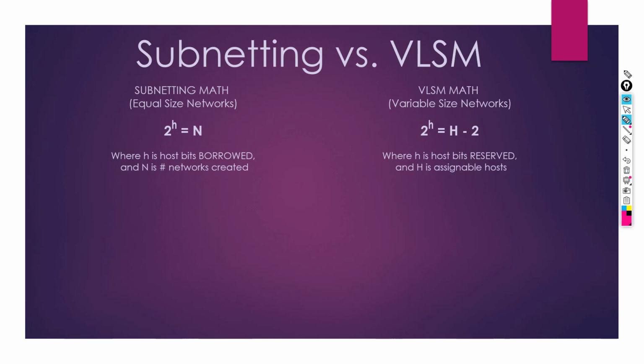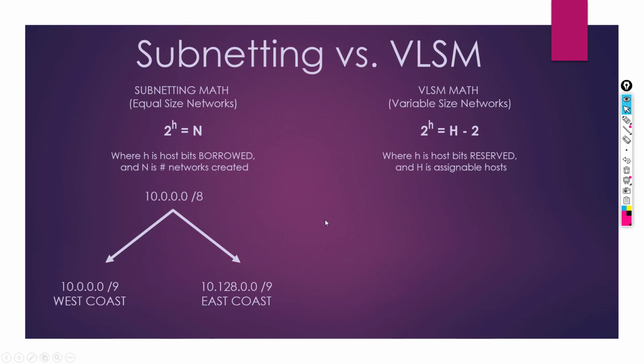Many times what you'll see is perhaps a large organization taking a major subnet and splitting it up in this fashion, giving a very large portion of it to one West Coast and another large portion to the East Coast. These two are exactly the same size, and they start and end exactly where the original one started and ended. So you'll notice this goes all the way through 10.255.255.255.